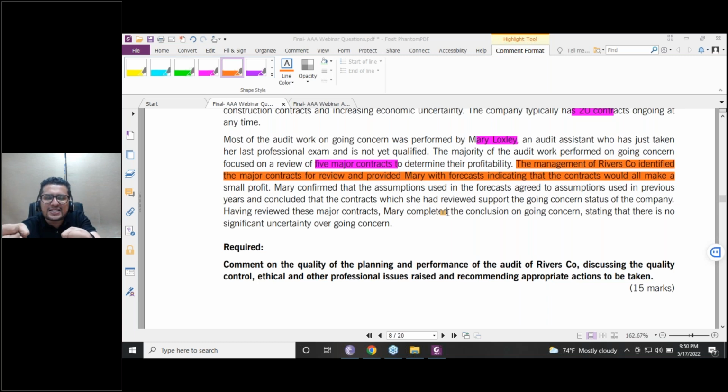You cannot agree this year's assumption with last year. Going concern has to do with the future. You have to evaluate the current economic situation, the current losses which happened in the current year. You cannot rely on the past. So the technique used by Mary to evaluate the assumptions, to figure out the going concern assumption, is not appropriate. So that is the fourth mistake I have.